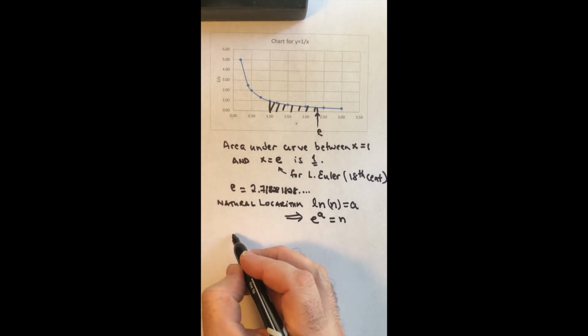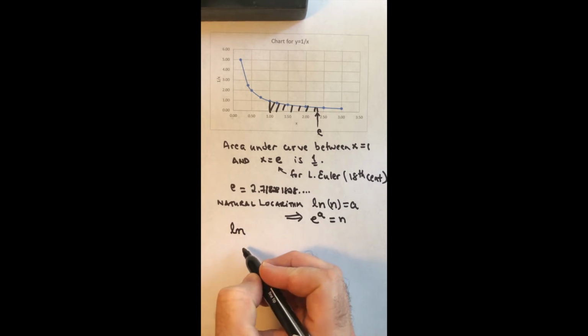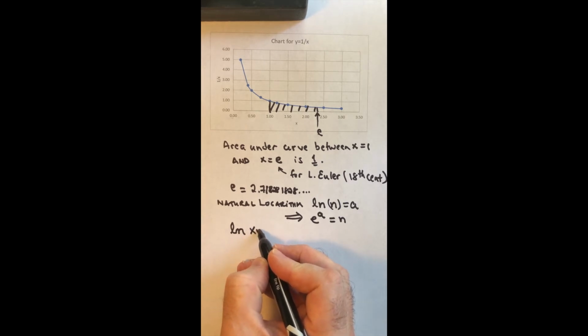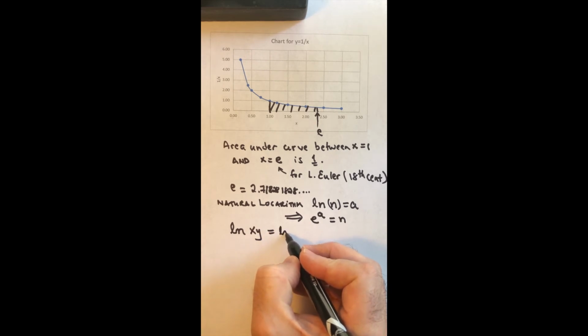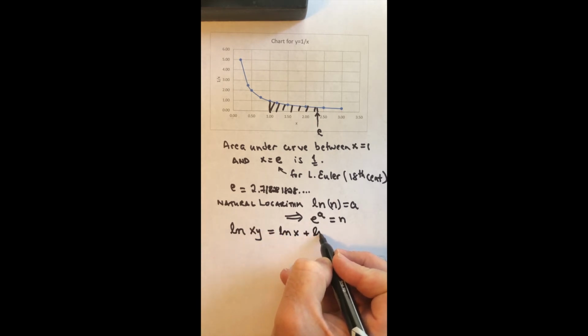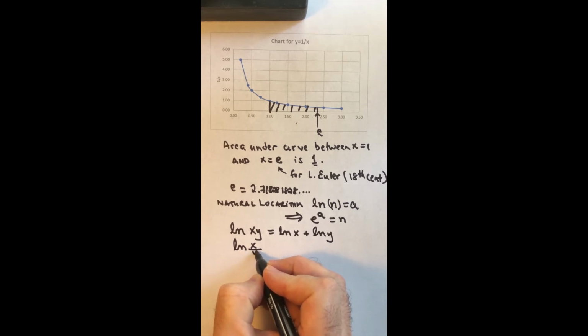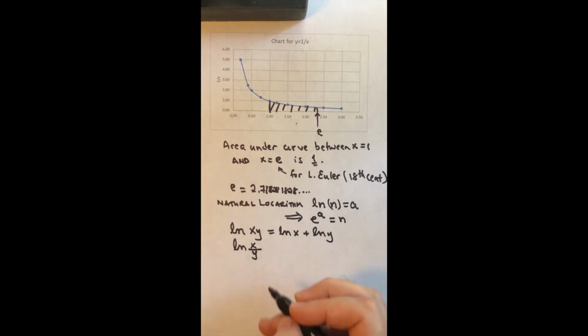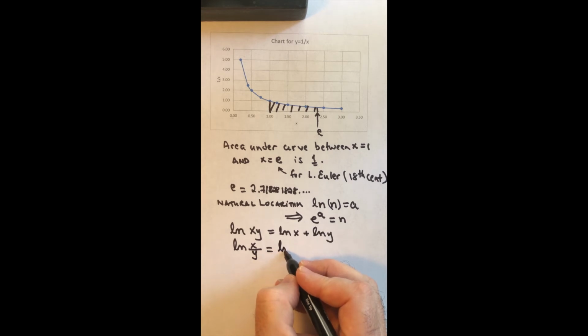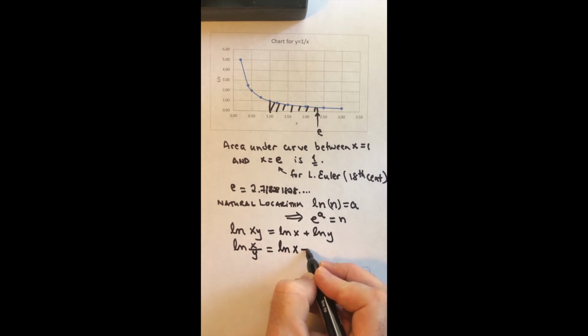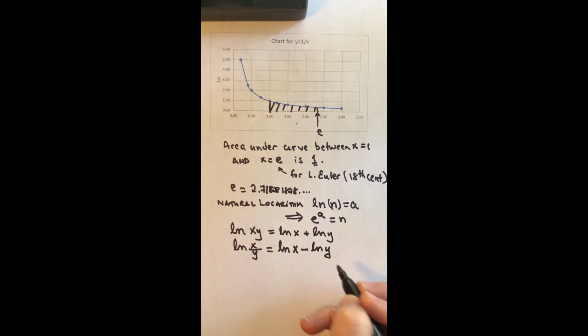Now let's remember some rules about working with these things. For example, if I have the natural logarithm of a product between two numbers, x times y, I can also express that as the sum of the natural logarithms of each, right? If I have, on the other hand, the natural logarithm of the ratio of x to y, that can also be written as log of x minus log of y.